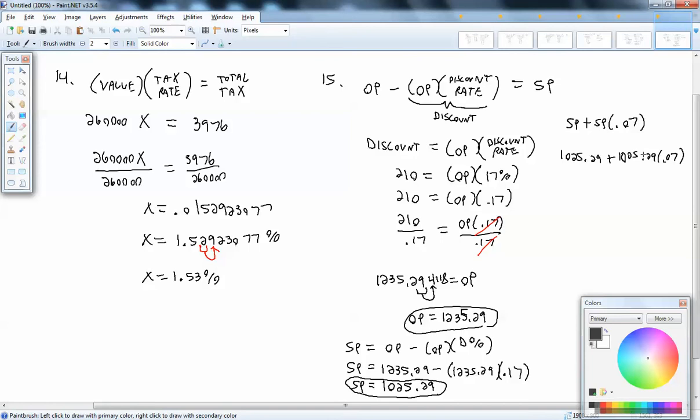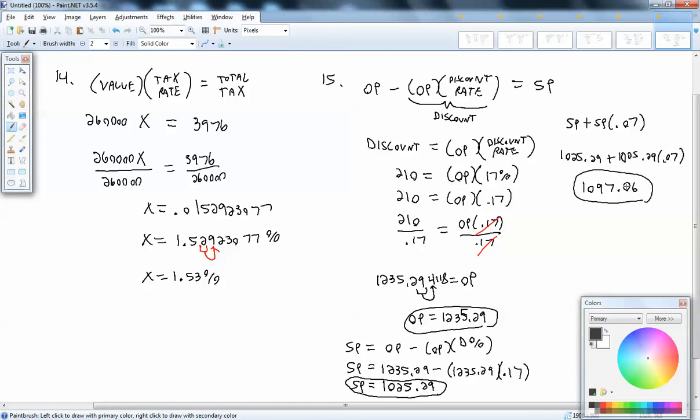1,025.29. I hate word problems. 1,025.29 times 0.07. Yes, they upset the beauty of algebra. Okay, so then that gives us 1097.06, rounded to 2 decimal places.